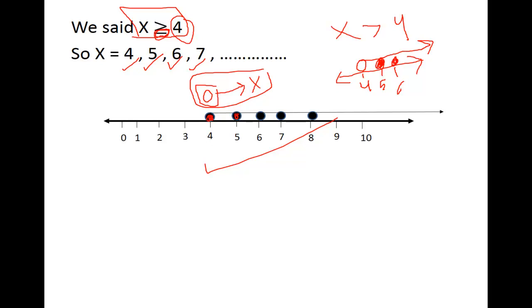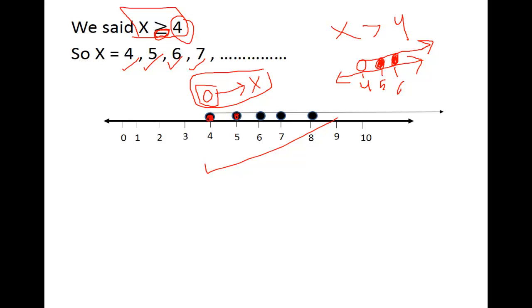So now we know the difference between x more than or equal to 4 and x more than 4. Here we make the 4 a closed, filled circle, but here we make an empty circle, empty inside. All the numbers after 4 will be solutions, like 5, 6, 7, all closed, filled circles.